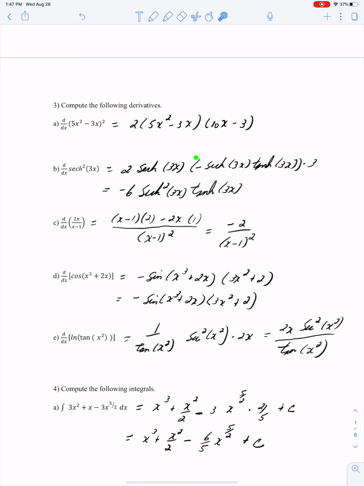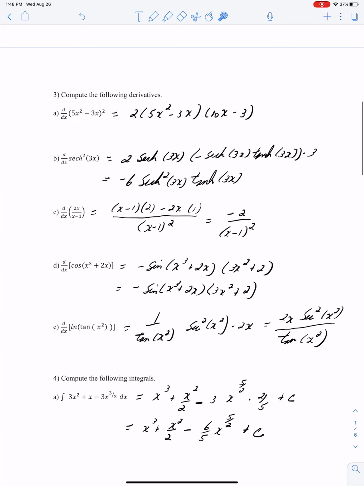So I get minus sec 3x tangent 3x. And then I have to continue with the chain rule, and I say multiply by 3. When I clean things up and combine the hyperbolic secants, I get minus 6 hyperbolic secant squared times the hyperbolic tangent of 3x. And that's the way we do that one.